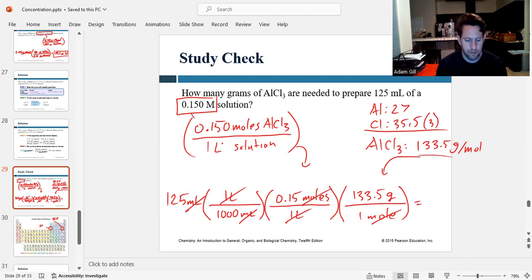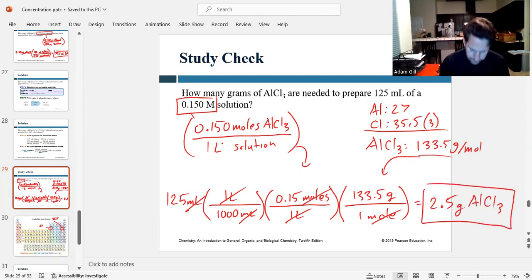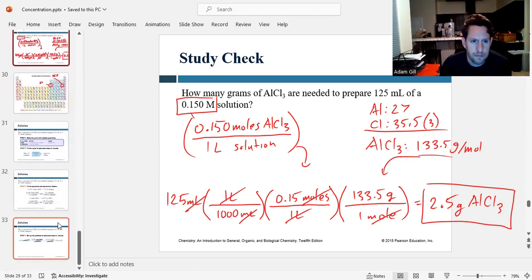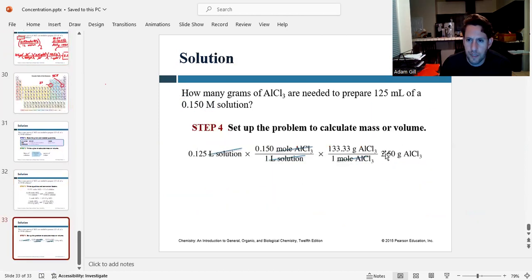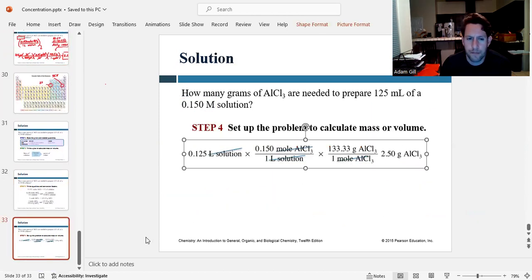So 125 times 0.15 times 133.5, all divided by 1,000. And I get about 2.5 grams of aluminum chloride. And it looks like we did it right.